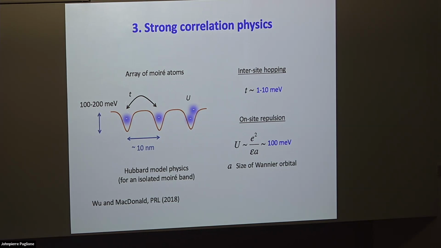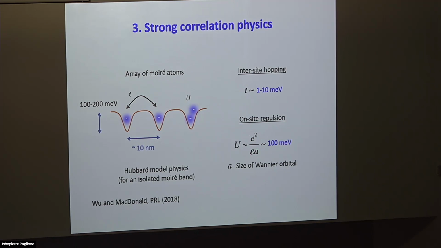Typically, this tunneling energy scale of the electron from site to site is on the order of 1 to 10 milli-electron volt. You can also estimate, if you put 2 electrons on the same site, using the Coulomb expression for the Coulomb repulsion energy, e squared over the dielectric constant and a. Here a, sorry, is not the atomic length scale.